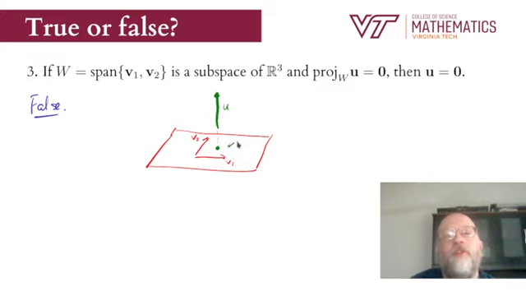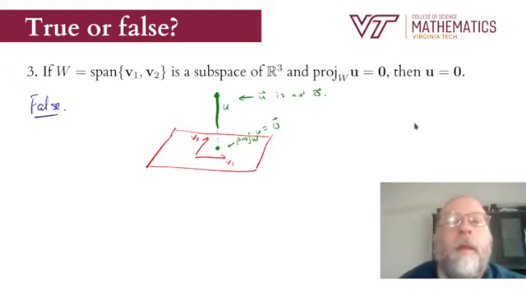So the projection of u onto W is the zero vector, but u itself is not the zero vector. So this is not necessarily true.